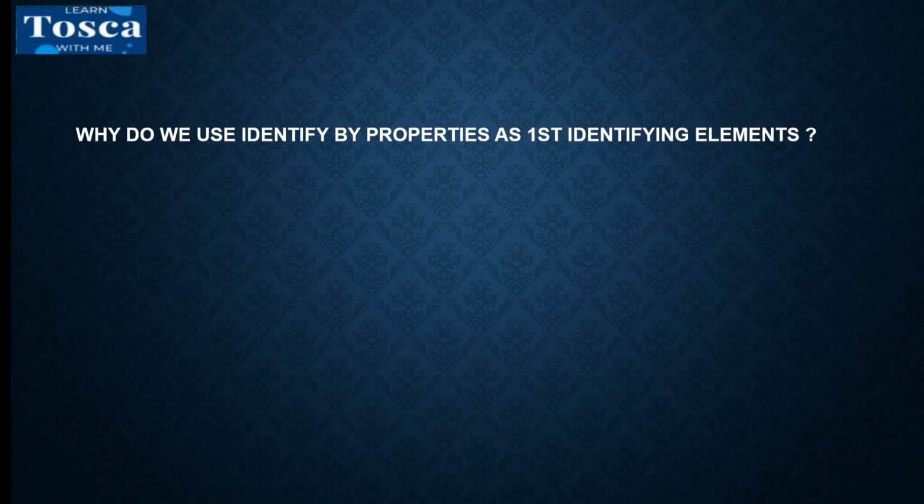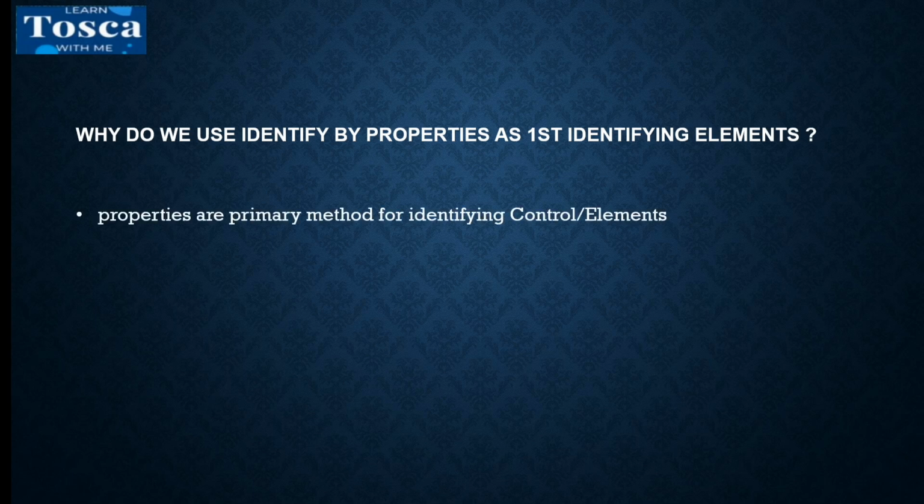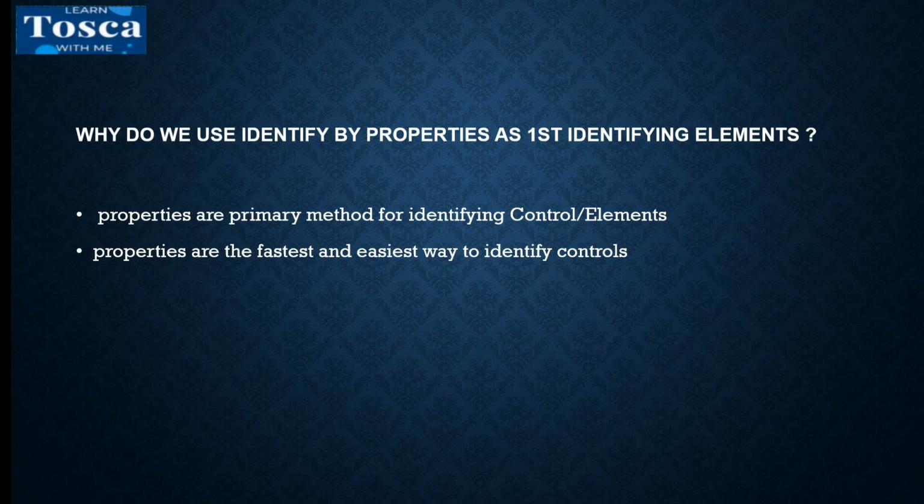So by default Tosca uses the technical properties to identify the objects, because properties are the primary method to identify controls or elements, and it is the fastest and the easiest way.